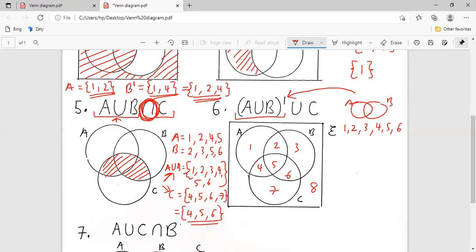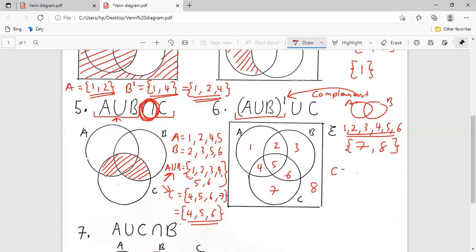Our question does not want A union B. Our question wants the complement. Complement, that means we need outside. We need outside of this. And if we need outside of this, that means we only need 7 and 8, because those are the ones which are left outside. So this now is the first part.